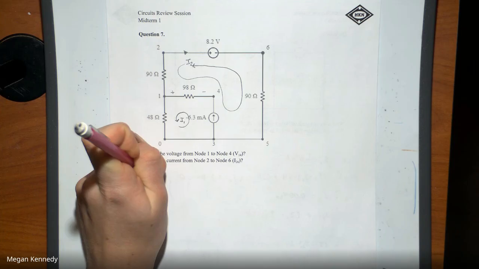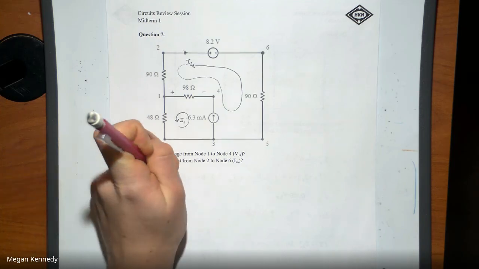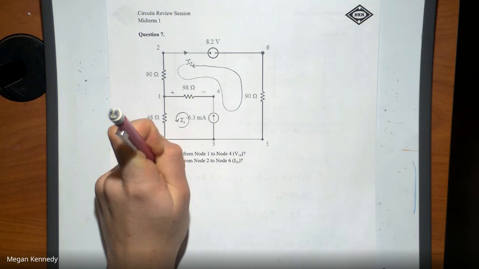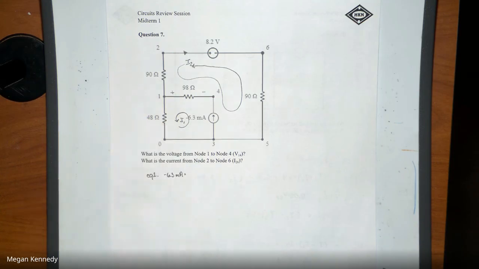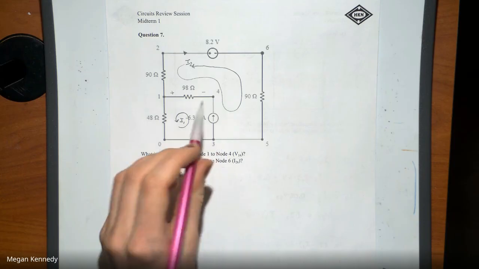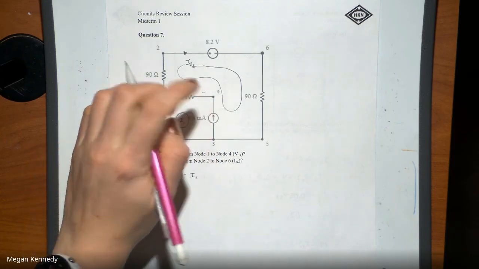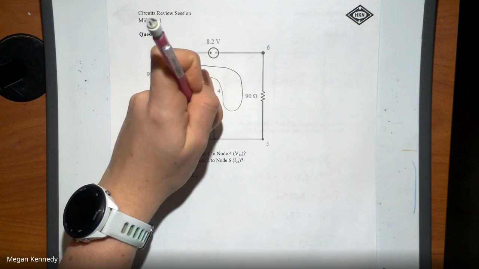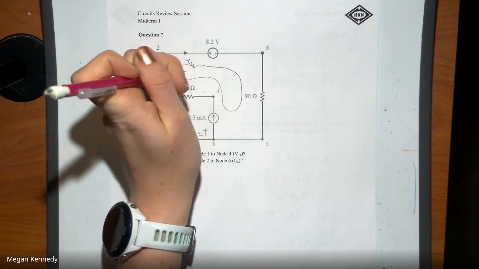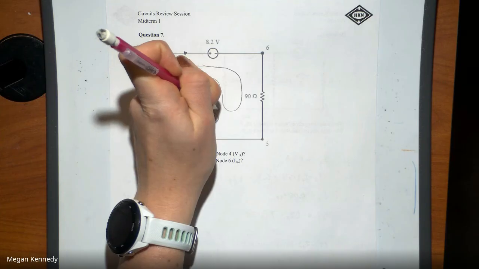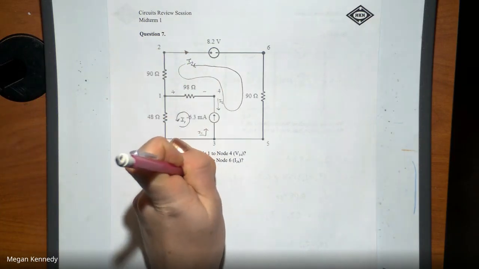So we're going to say EQ1, and that's going to be that negative 6.3 milliamps is going to be equal to I1, because we have this current flowing that way, and then I2, which is this current going that way. So minus I2.